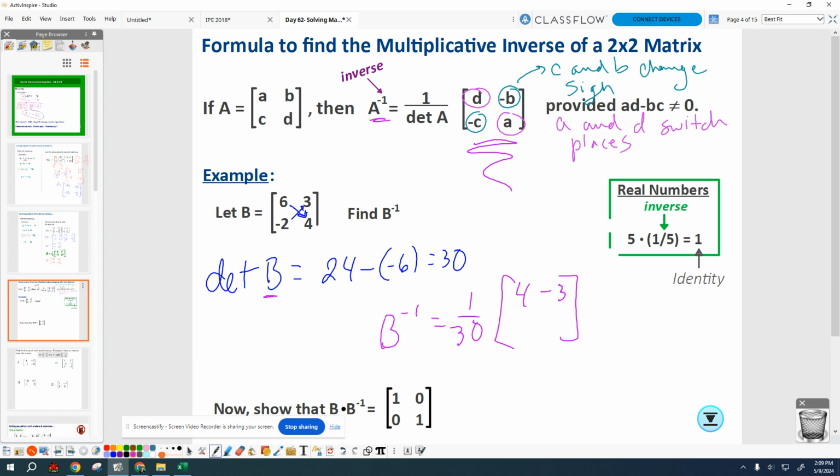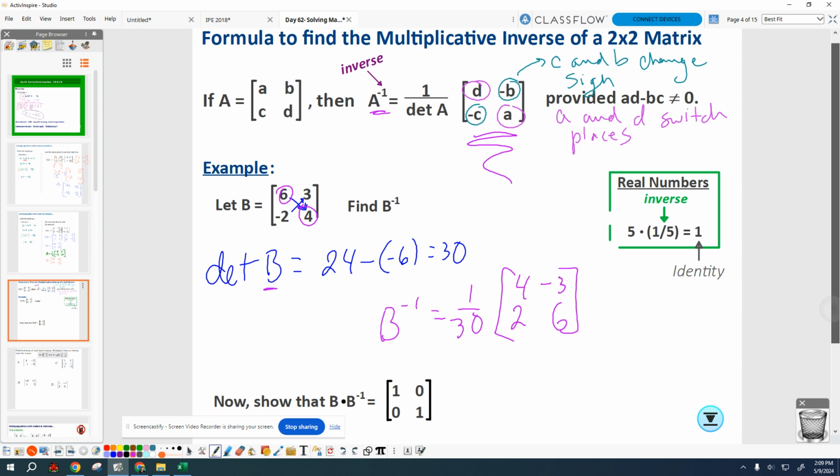Boom, 2, and 4, and 6. Okay, so I have to do it in this form. Diagonally trade those two. And then the other two, leave them where they were, but change the signs. That's my inverse. Okay.